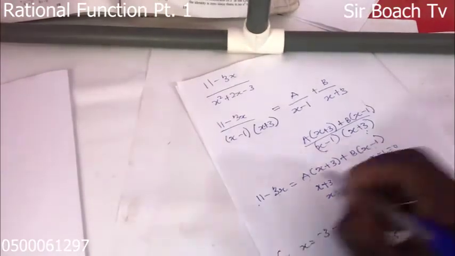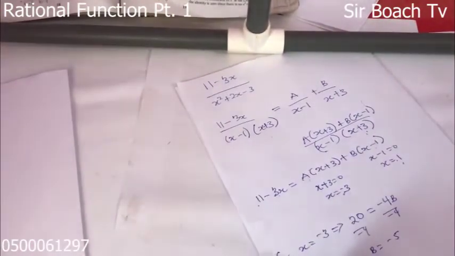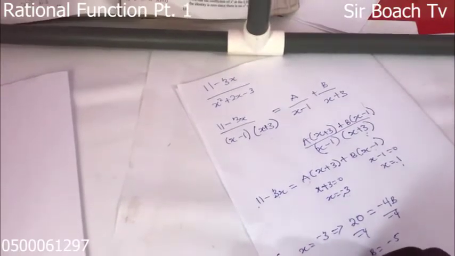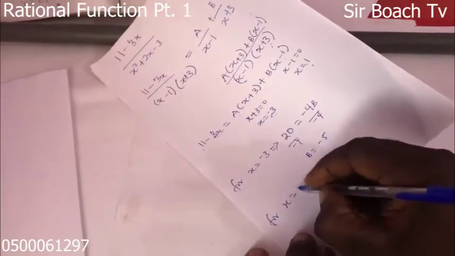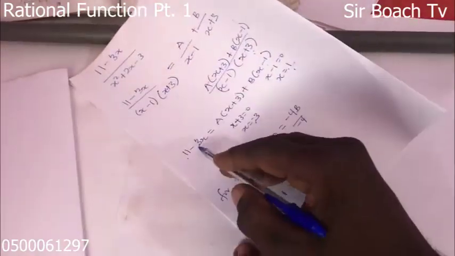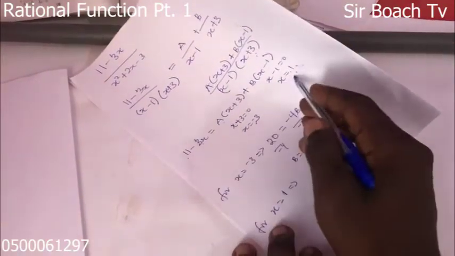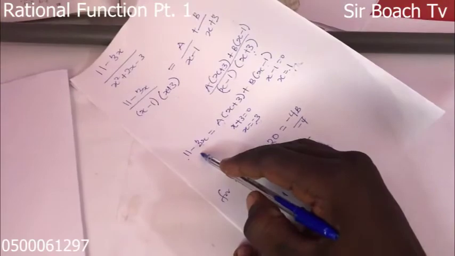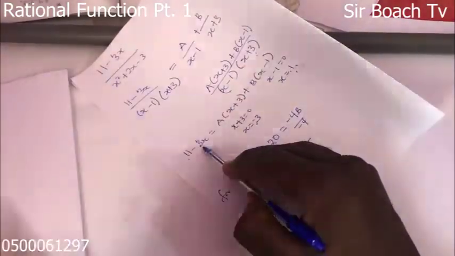Now let's come here. So we have this, we'll put it here. That is for x equals 1. When we put this one here, we are going to get 9. When we put this one here, we're going to get 8, because if you put this one here, we are still getting minus 3. So 11 minus 3 is what? 8.